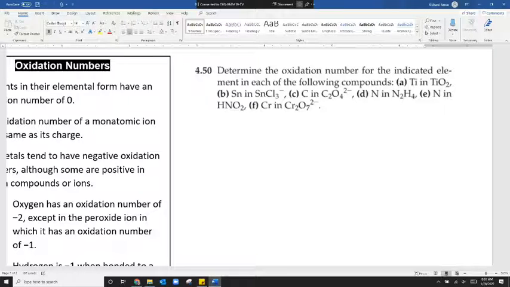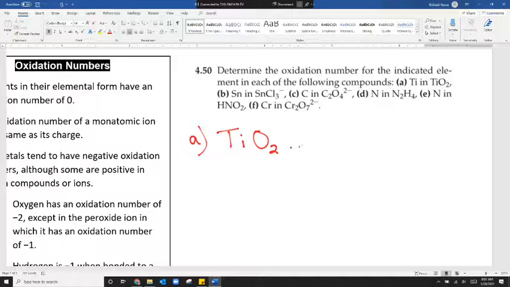First one, we're looking for titanium in titanium oxide. This is what you're used to doing. This is a transition metal. You're trying to find its charge, basically. So this is what you've done before.